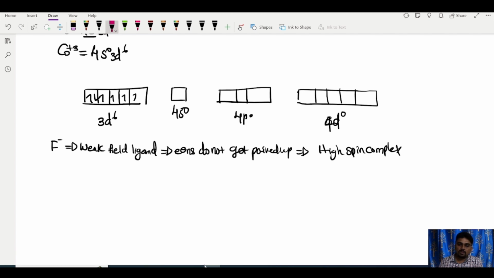So each fluorine will donate a lone pair into orbitals. Why is it donating lone pairs? Since it is a Lewis base. Ligands act as Lewis bases, and the central metal atom acts as a Lewis acid. Why Lewis acid? It is accepting a lone pair into the metal atom.